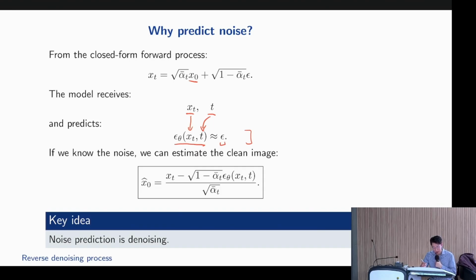So if you know the noise that's added, this component here, then you can estimate the clean image by solving for x0 here, right? We already had the expression relating x0, noise and the t-step noised image. So if we knew the predicted noise, we could just use the formula to generate the predicted clean image.